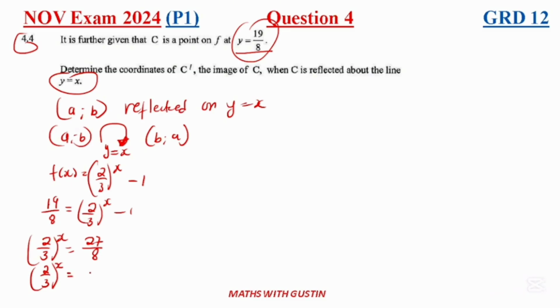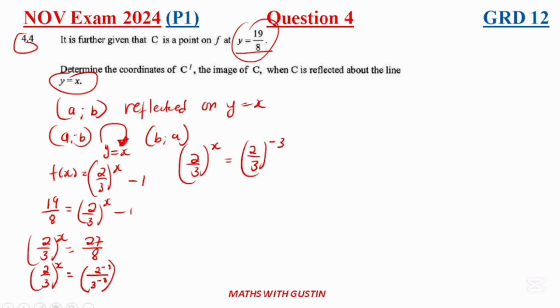What we can do here is say 3 to the power of -3 all over 2 to the power of -3. This here, (2/3) to the power of x, can also be rewritten as (2 to the power of 3) all to the -3.